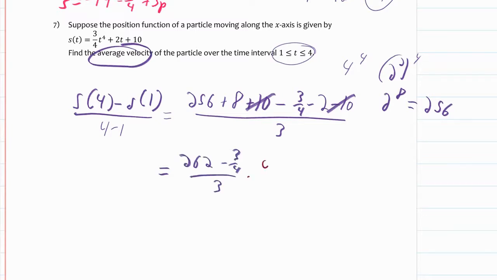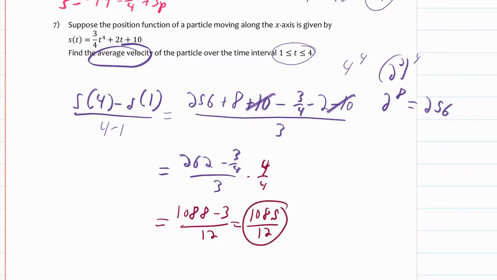Let's multiply both the numerator and denominator by 4. So 262 times 4 would be 1048, then minus 3 over 12, or 1085 over 12. And just check that 1085 is not divisible by 3, and it's not.